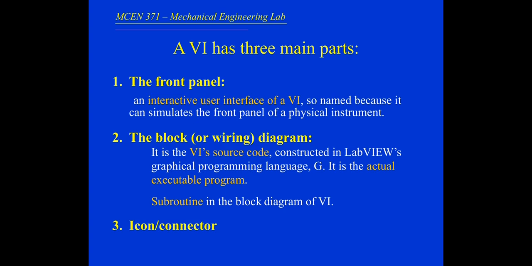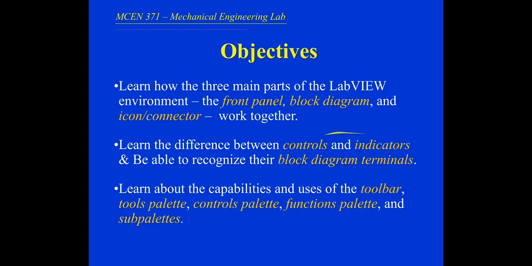The front panel is the interface, and the back panel is a diagram where the code is calculated, and then you can make any mathematical or logical procedures with this data and get output. So you have the front panel, the block diagram, and an icon connector.